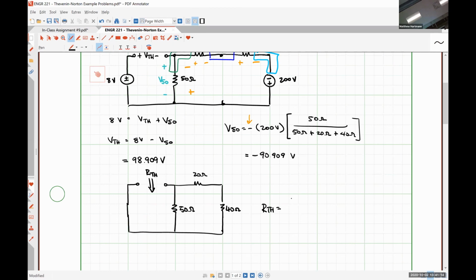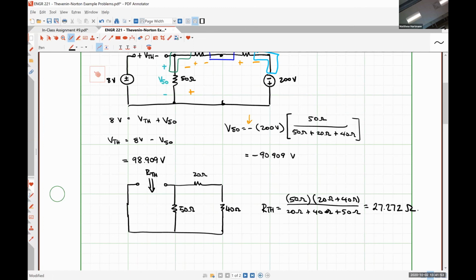So we would see 50 in parallel with a series combination of 20 and 40. Is everybody okay with that? All right. So that's 50 times 60 over 50 plus 60, which is 27.272, or 273, that's 27.27 ohms.